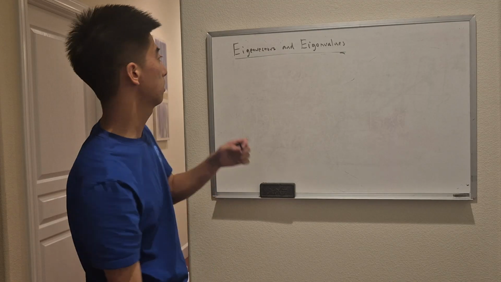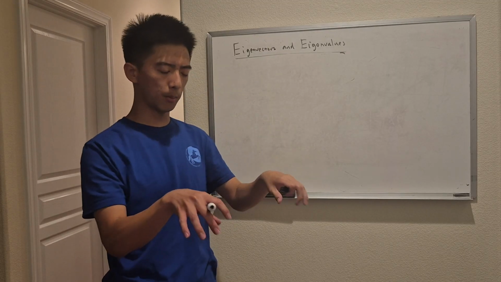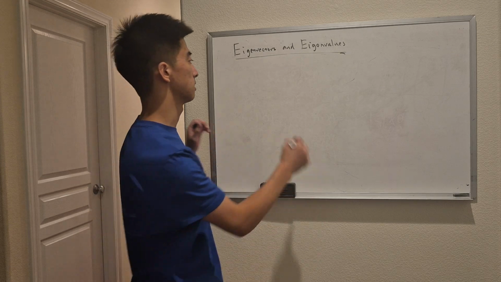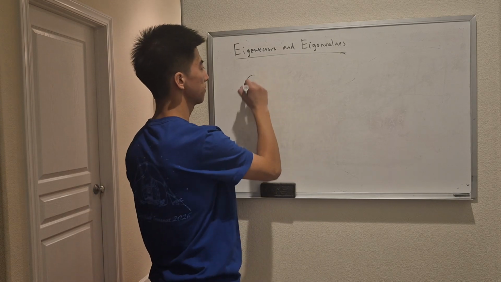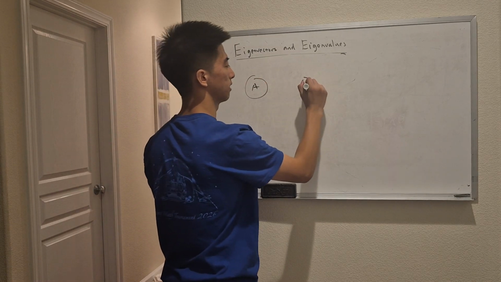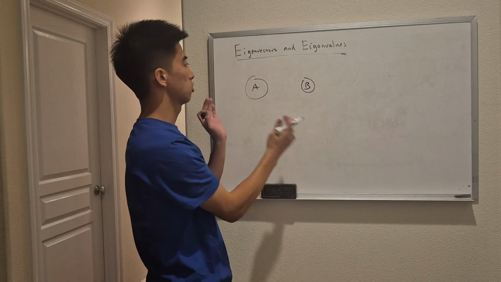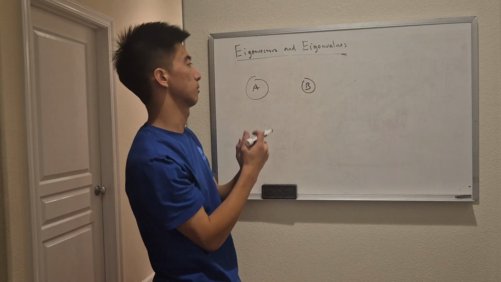So let's do a simple one. Let's say we have two populations of diseases, disease A and disease B, or bacteria, I guess. So A and B, and they're kind of trying to convert each of them into themselves.